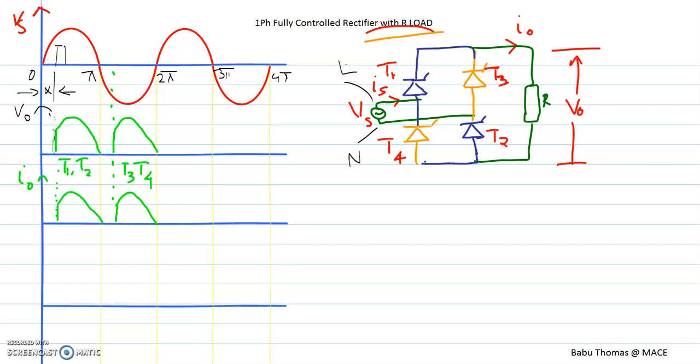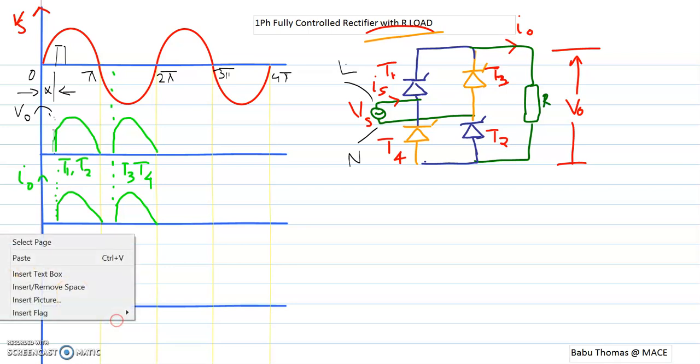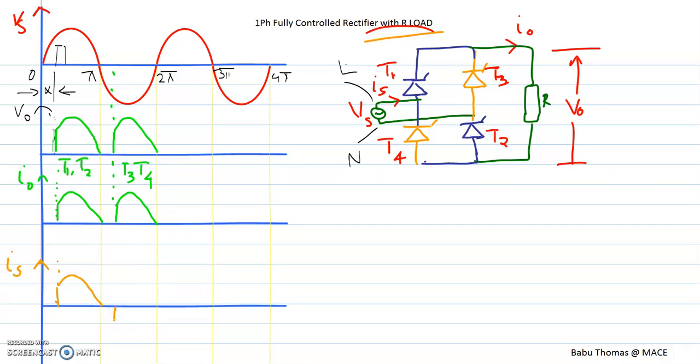So therefore I can plot my current IS as, it will be the same as I naught from 0 to pi, and from pi to 2 pi, if I am firing my thyristor at a particular angle, then it will be in the negative half cycle like this. So I can again complete the entire duration like this.